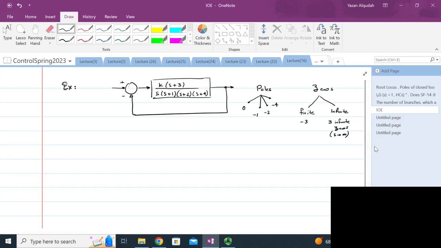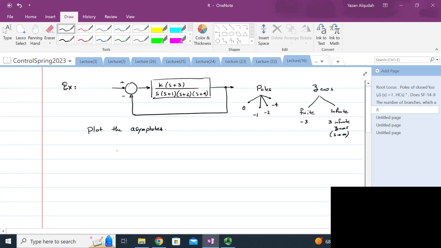So what I want to calculate, I want to plot the asymptotes. So I'm going to go to the formula that we just listed. We did not explain where it's coming from, isn't it?